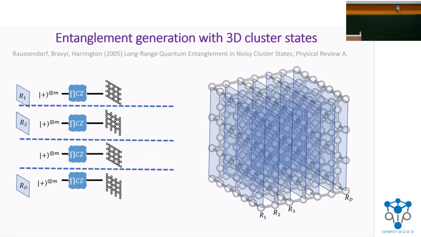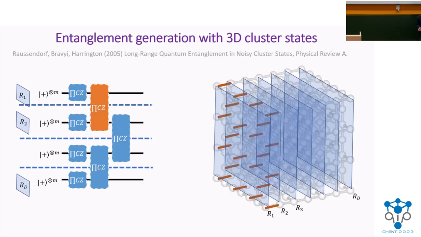So the construction is the following. We first prepare all plus states, and we apply CZ gates for every bond within the repeater station. Then you get the so-called cluster state, which lives in each repeater station.